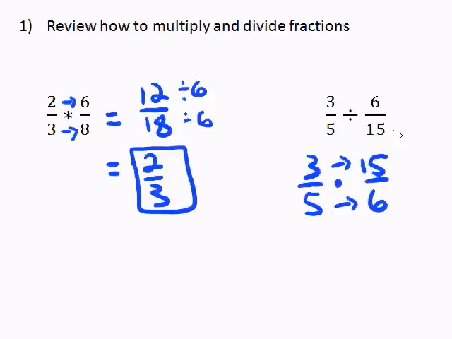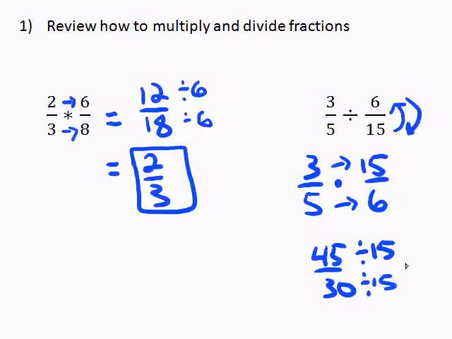So again, the way I did that is I flipped the second fraction upside down, giving me 45 over 30. Then you look for a common factor both in top and bottom, and you notice that you can divide them by 15. This gives us 3 over 2. And there you go. That's just a real quick review on how to multiply and divide fractions.